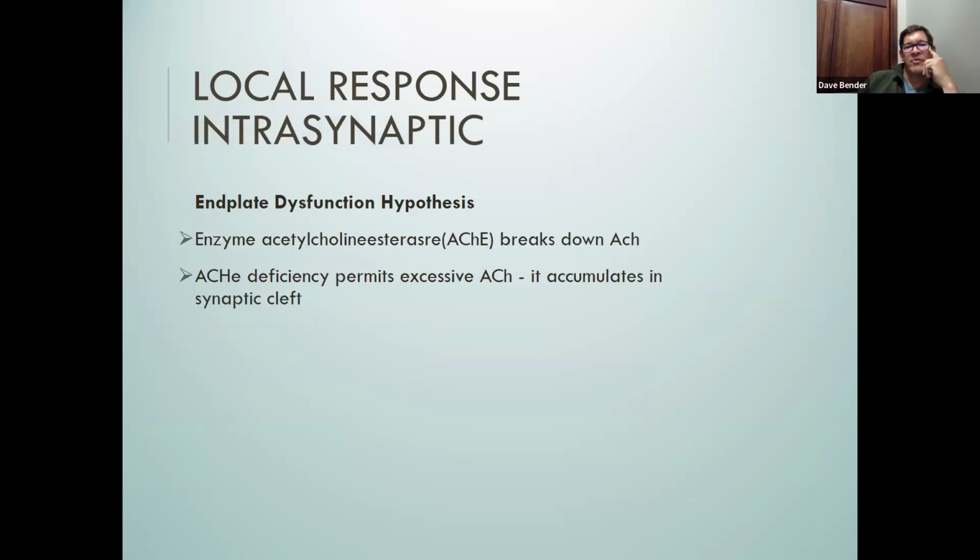At the motor end plate, in the end plate dysfunction hypothesis, the enzyme acetylcholinesterase breaks down acetylcholine. Acetylcholinesterase deficiency permits excessive acetylcholine, which then accumulates at the synaptic cleft. That is the problem now too. So now we're out of balance between the acetylcholine release or accumulation and the acetylcholine breakdown.